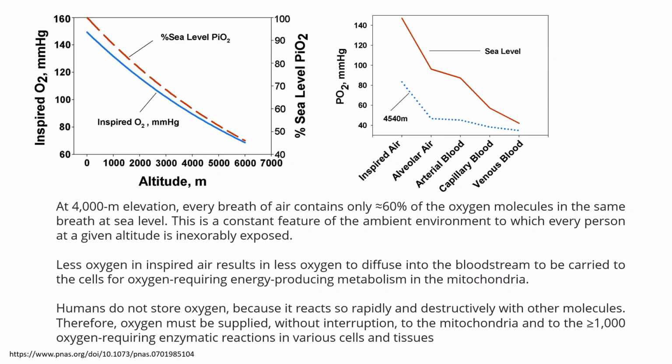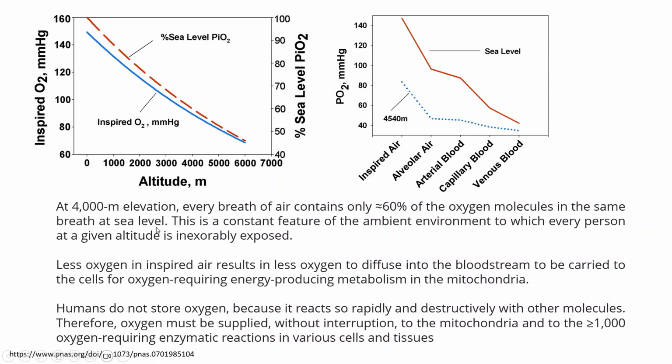So this is from a paper that was looking at these populations and looking at what kind of oxygen stress people over there are experiencing, right? So at 4,000 meters elevation, which is both of these places, every breath of air that you take in only has 60% of oxygen molecules in comparison to the same breath at mean sea level.